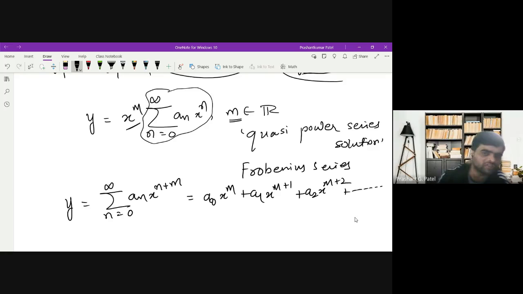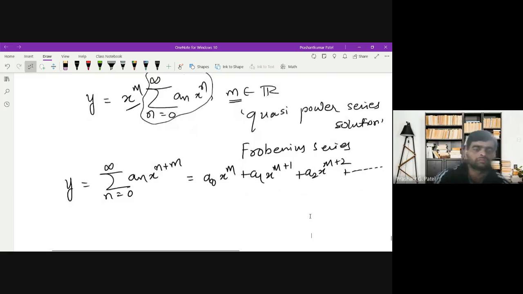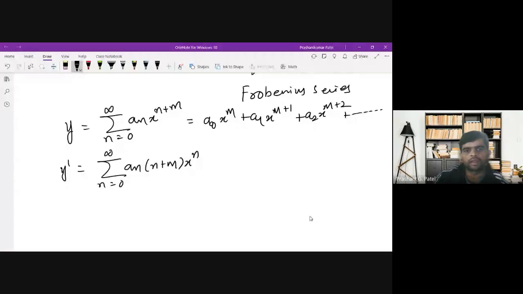Now if I differentiate this series, then what do we have? So y dash is summation n running from 0 to infinity a_n (n plus m) x raised to m plus n minus 1. Here it will not start from 1, because this series always has the term with x to the power m.